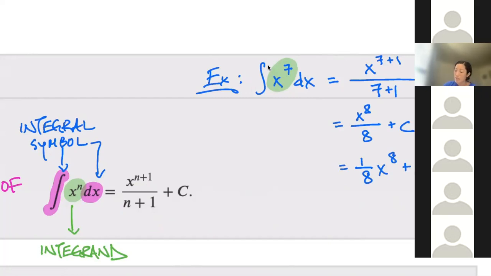Okay. And I just wanted to take the moment to write both forms because I know that fractions can be really scary for us sometimes, and we might forget that something like this, x to the 8th over 8, is the same thing as saying x to the 8th times 1/8. Okay, and so I just wanted to put that in there to remind us.